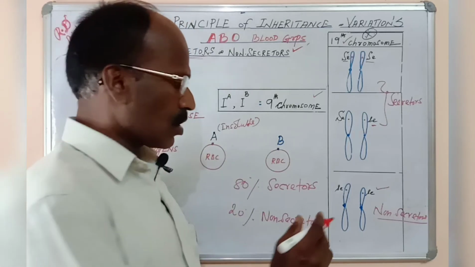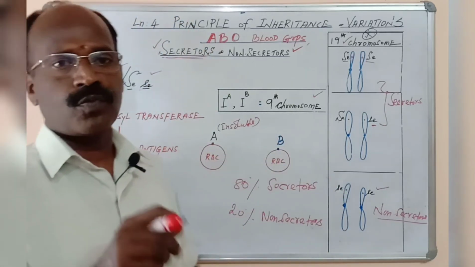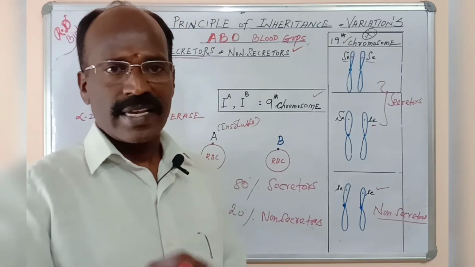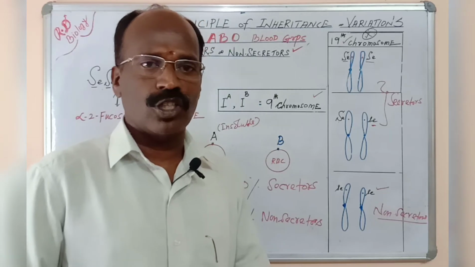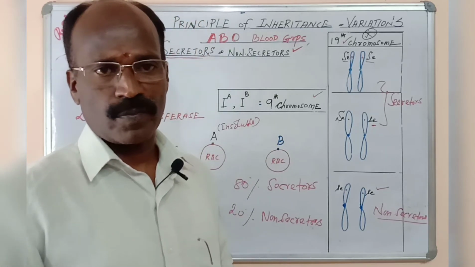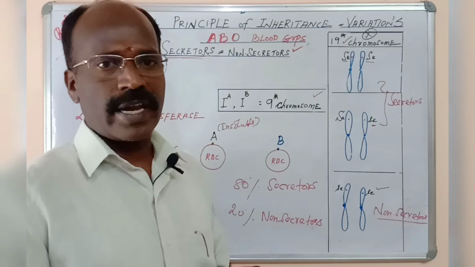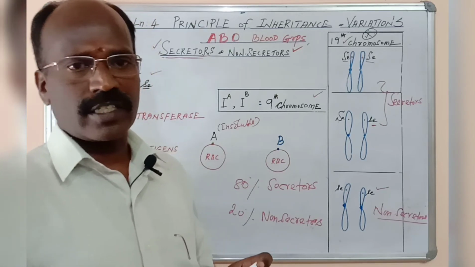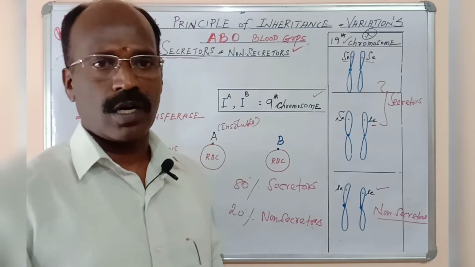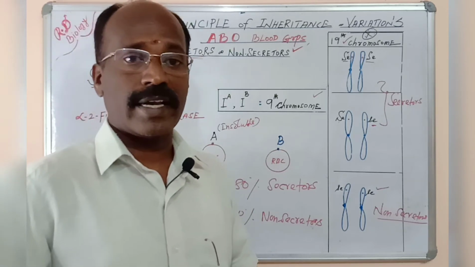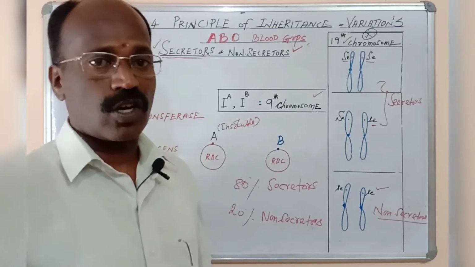So in the absence of alpha 2 fucosyltransferase, the insoluble antigen cannot be made soluble. If it is not made soluble, naturally it cannot be available in the plasma, tears, saliva or urine. That's why they are called non-secretors.